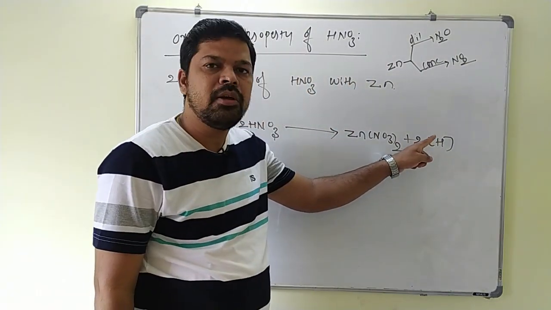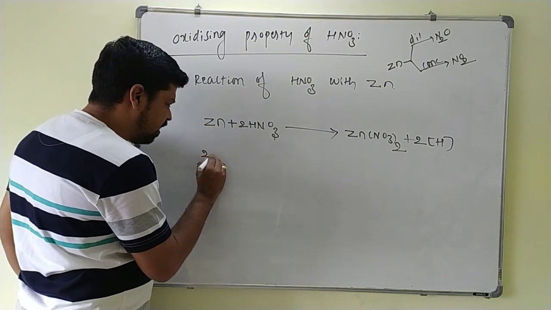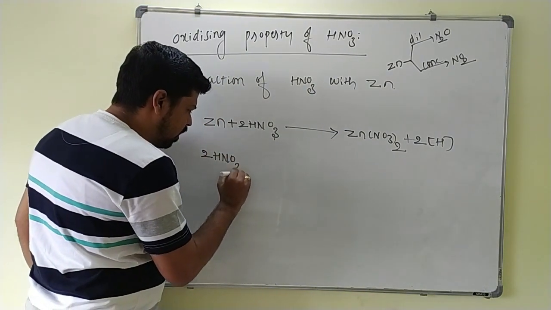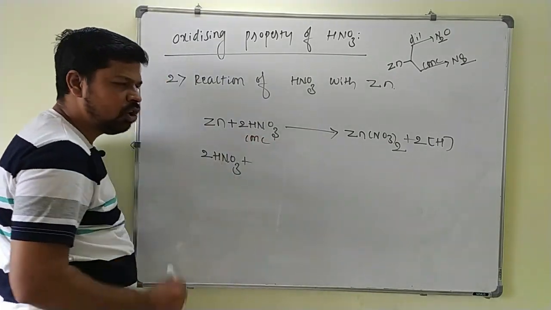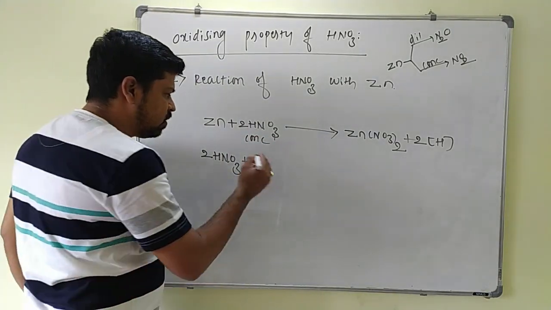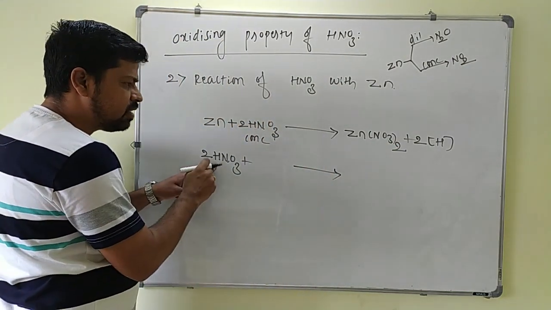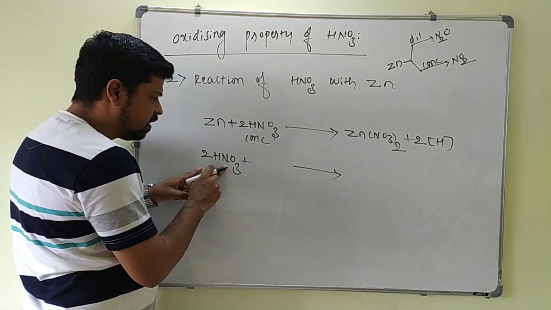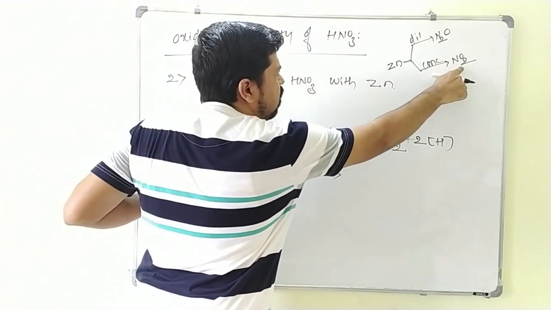These nascent hydrogens, before escaping, will reduce the HNO3. So they will react with 2 times of HNO3. We are writing the reaction of zinc with concentrated HNO3 here, so these nascent hydrogens will reduce this HNO3. Already I have told you, zinc with concentrated HNO3 gives NO2.